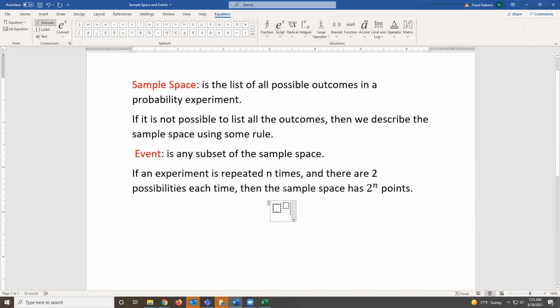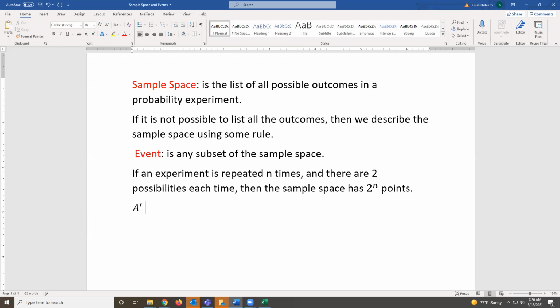C prime, or in general we can say A prime, denotes the complement of A. It consists of all points in S that are not in A.